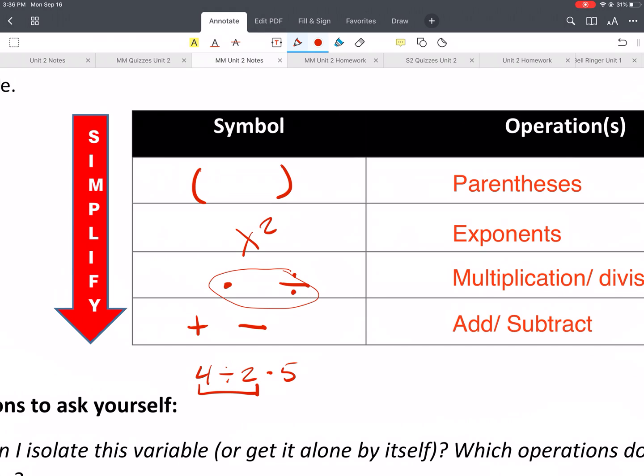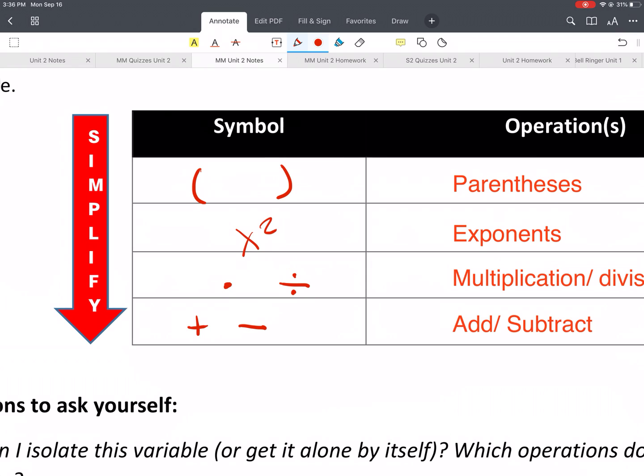I think sometimes people get confused thinking that since we write it in PEMDAS, multiplication goes first. Oftentimes people will try and do all the multiplication first. But since it's a pair, you need to do both of them in order of left to right. So if division comes first, then we'll do division first.